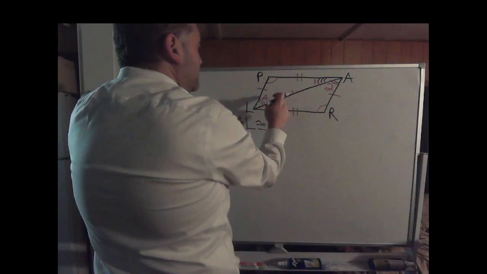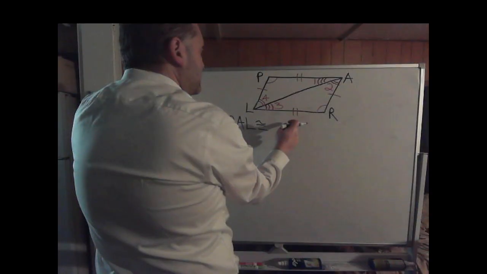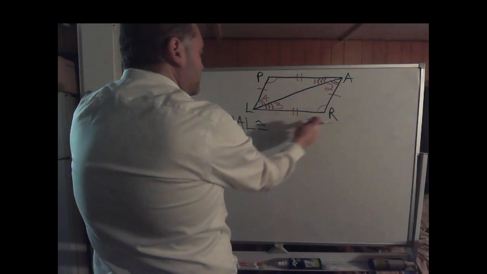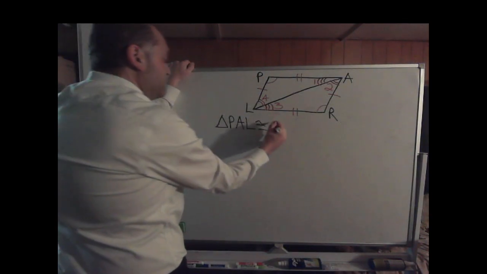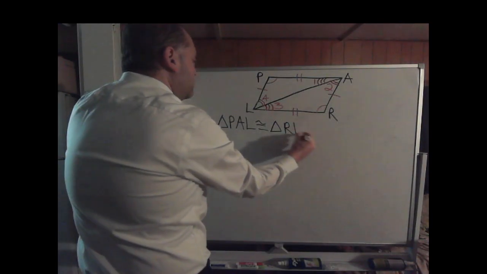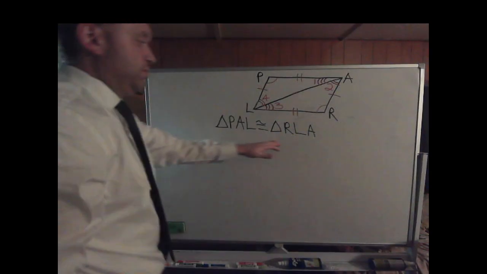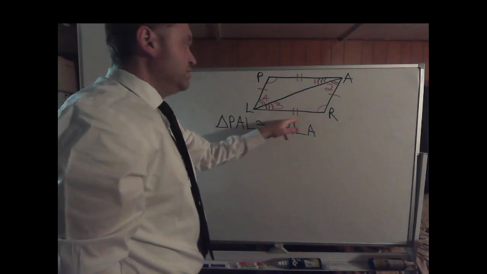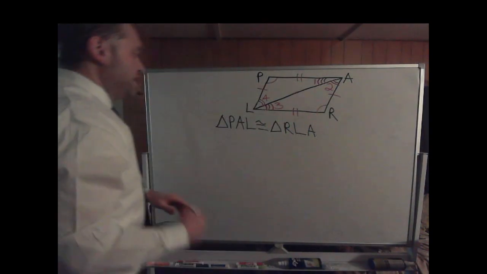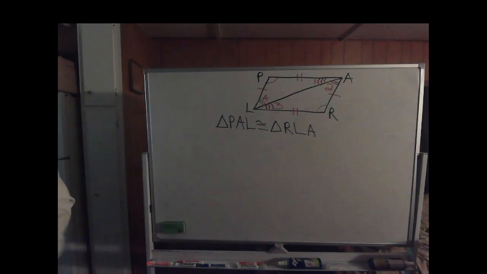So PAL is congruent to, let's see, starts with 2 congruency markers. So that'd be RLA, triangle RLA. You want to go in the same order with both of them. Just, again, use your congruency markers as a guide. So now we've established these 2 triangles are congruent.